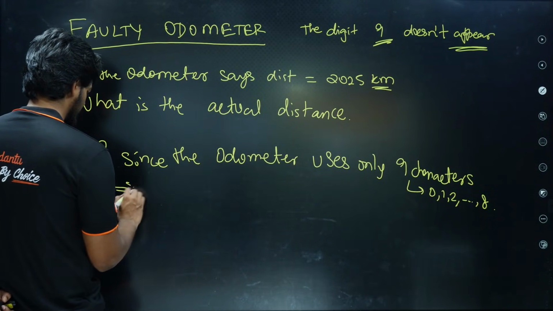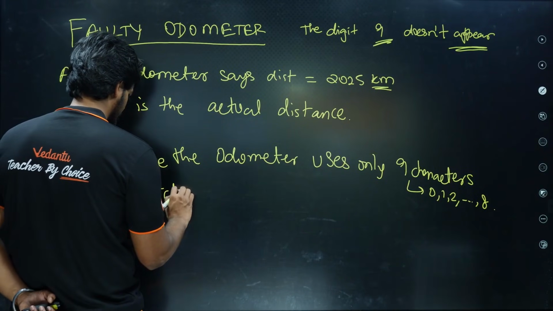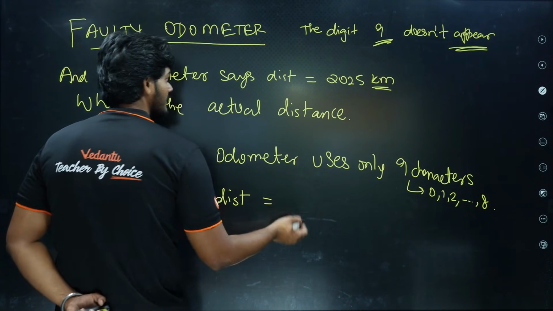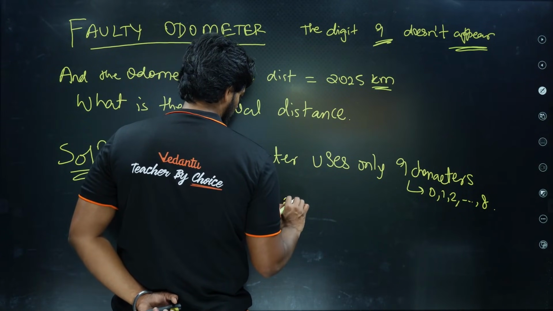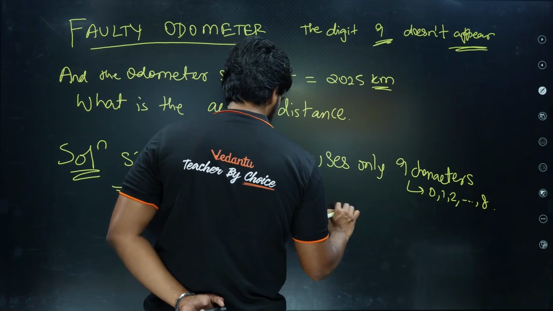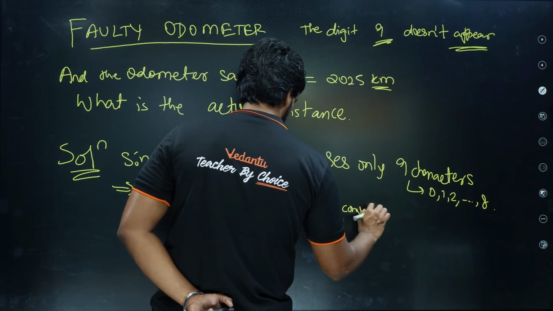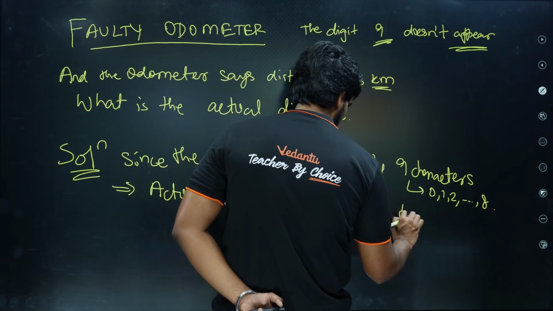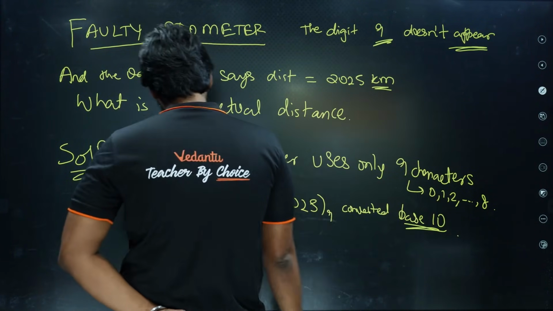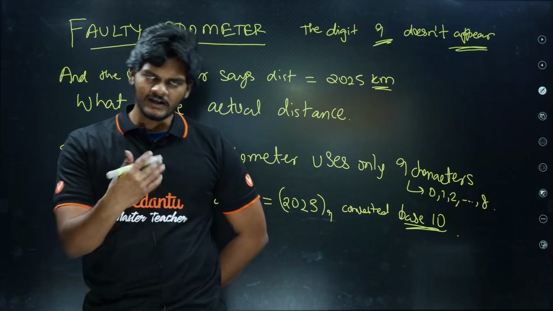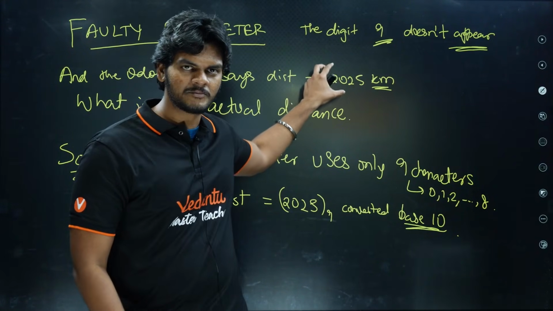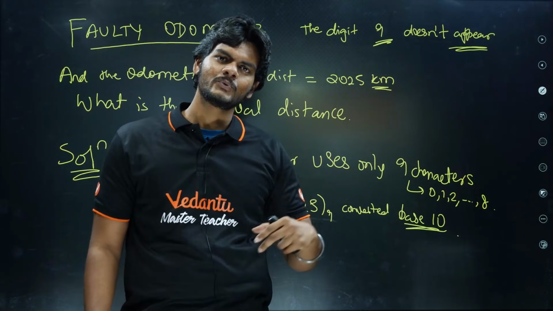This implies actual distance equals 2025 base 9 converted to base 10. Do you understand? Because we are living in base 10 world, even though that shows a base 9 number, we have to convert it to base 10.